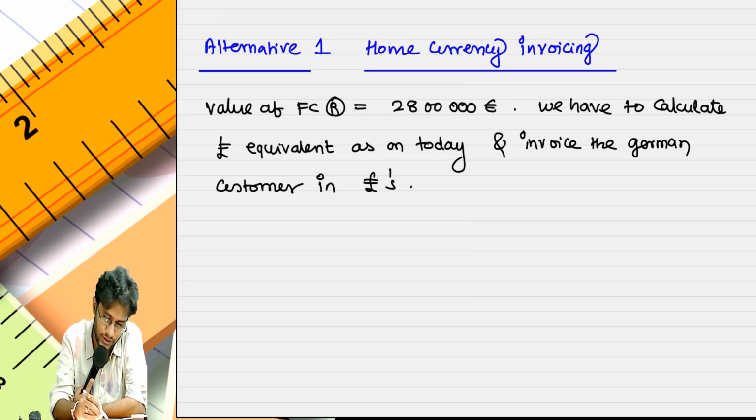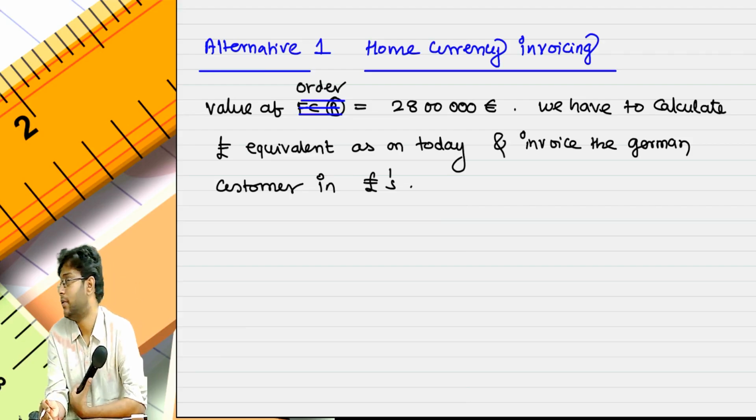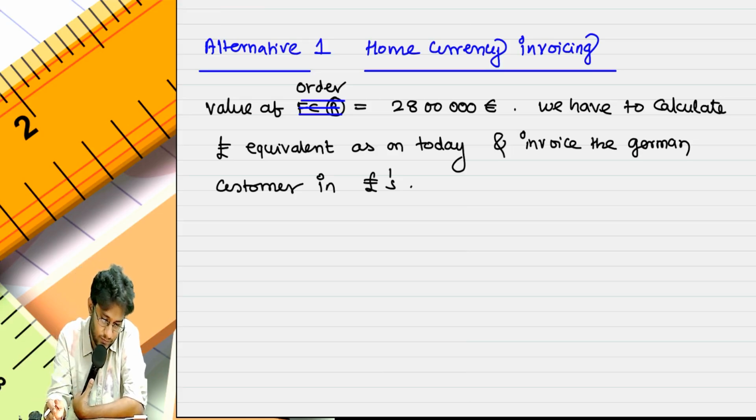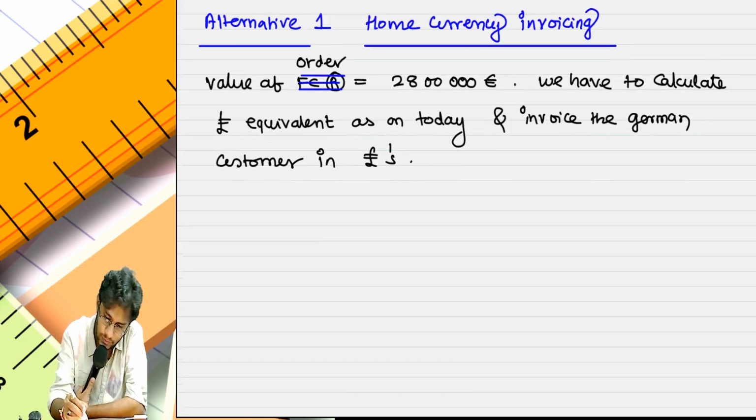So do one small correction. FC receivable in our notes, sir, this is wrong language. It should be the value of the order, sir, because ultimately FC receivable won't be there in this sum. In this alternative, sorry.